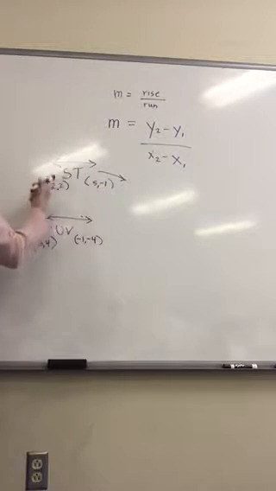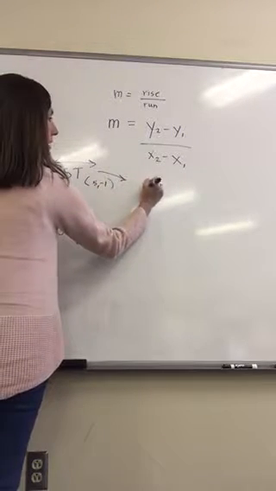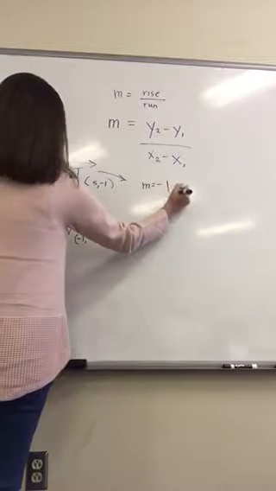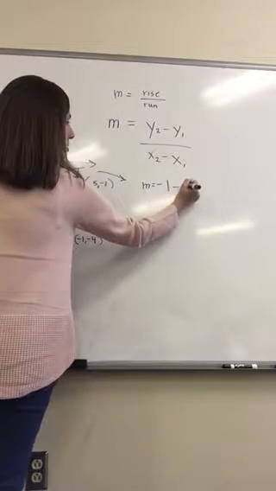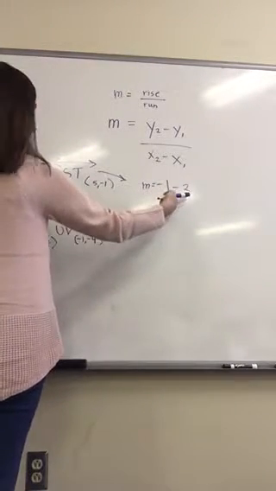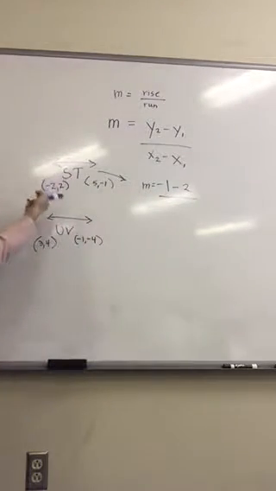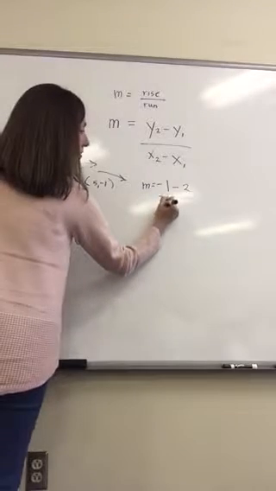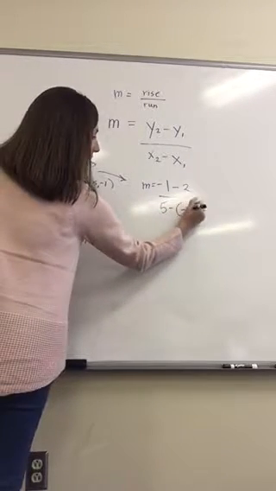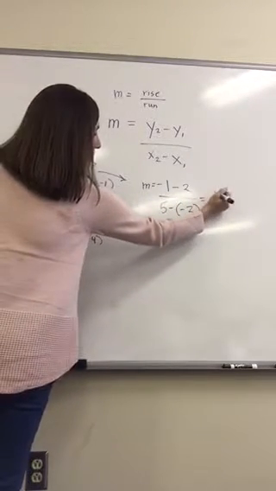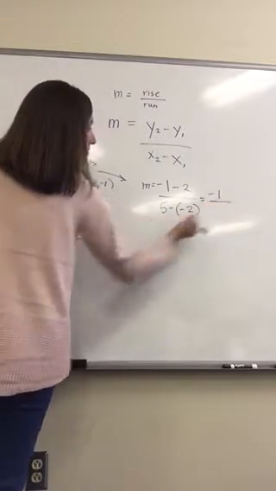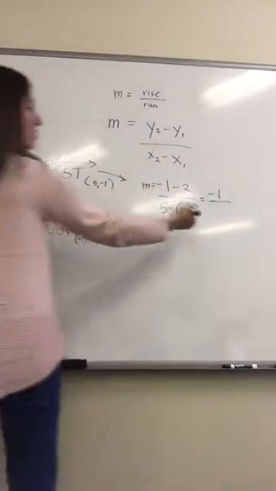I'm going to say t minus s. So M equals minus 1 minus 2, or y2 minus y1, over x2 minus x1. That's 5 minus negative 2. All right, let's do the math. 1 minus 2 is negative 1. 5 minus negative 2 is 5 plus 2, which is 7.